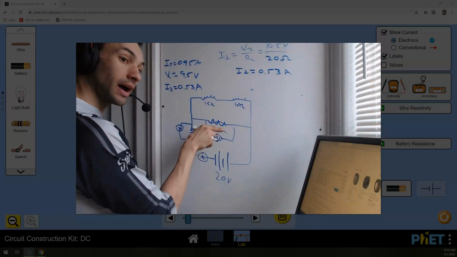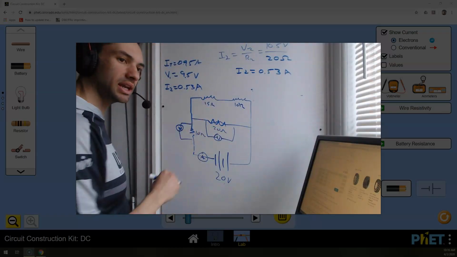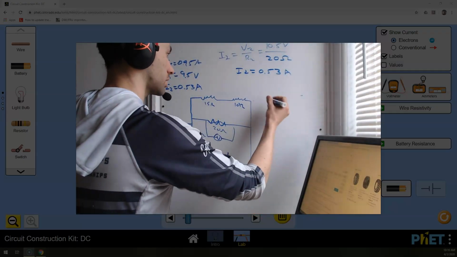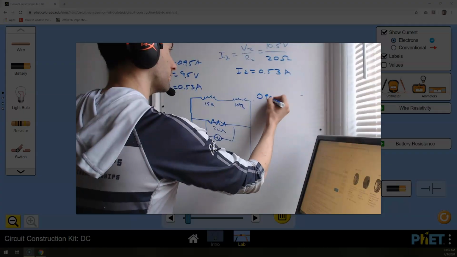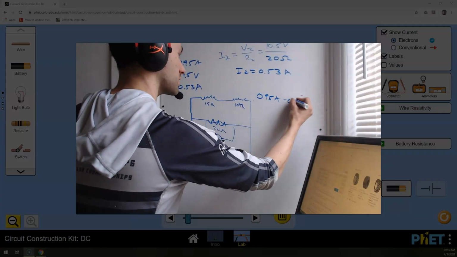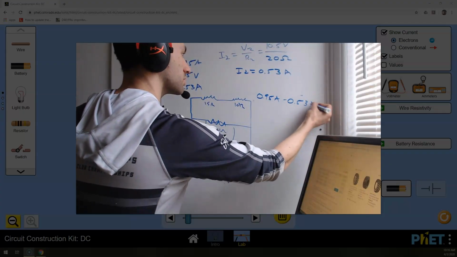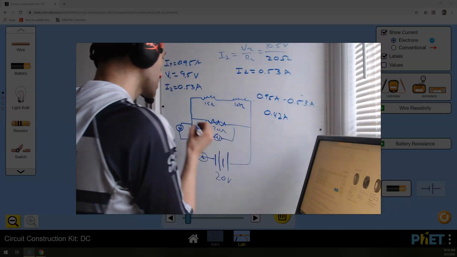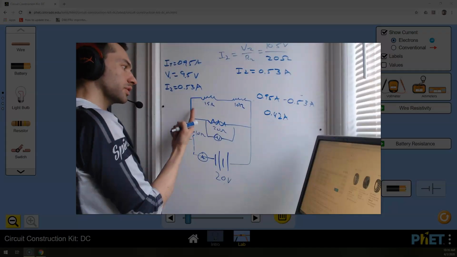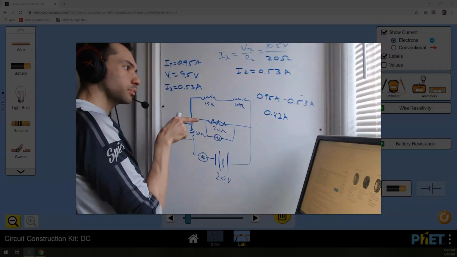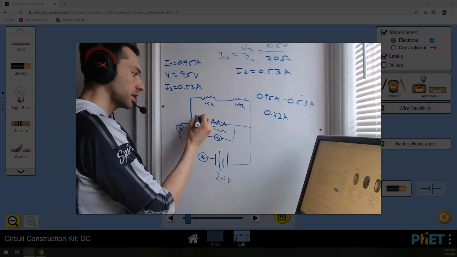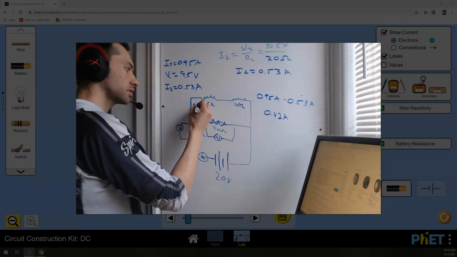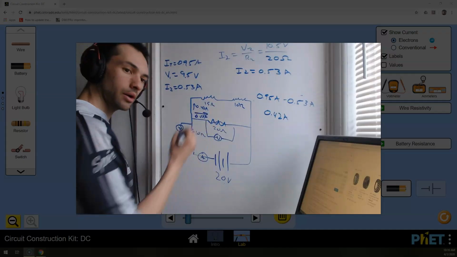Well, if 0.53 amps went this way, how many amps went that way? Easy. 0.95 amps minus 0.53 amps. What's left over? 0.42 amps. So 0.42 amps go this way, 0.53 amps go this way, and 0.42 amps go that way.